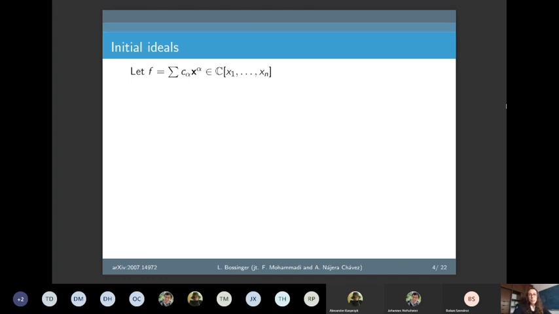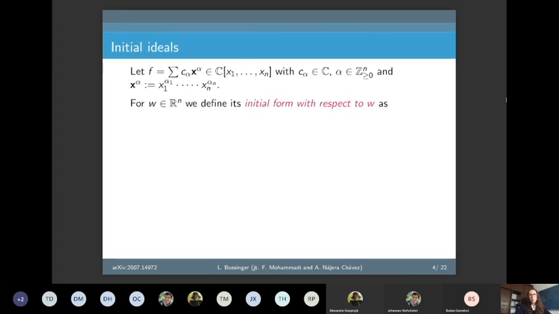I will be considering polynomials and ideals in polynomial rings all the time. My notation for a polynomial is always like this. A polynomial is a sum of monomials, and if I write x to the alpha, where alpha is a multi-exponent, then that denotes the corresponding monomial. Now if I take a vector in R^n, n being the number of variables, then I can take the initial form of my polynomial with respect to this weight vector, and it's defined as follows.